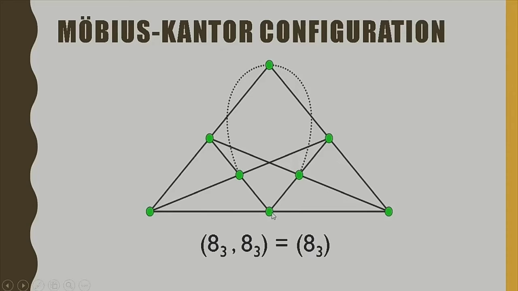For the second vertex, we have this side, and this side. For the third vertex, this side, and this side. For the fourth vertex, this side, and this side.